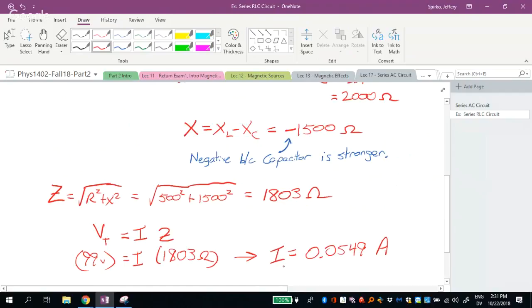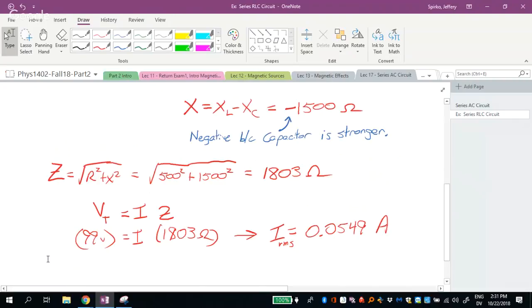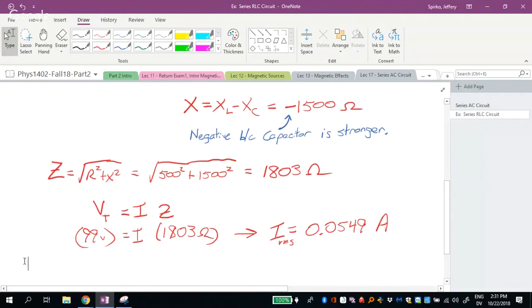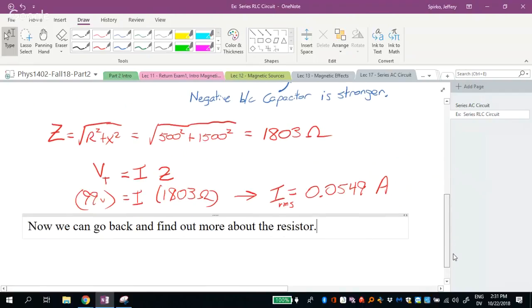Remember, maybe I should write it RMS. We used the RMS voltage, so we got out of it the RMS current as a result. So now that we know the current, we can go back and find out more about the resistor.